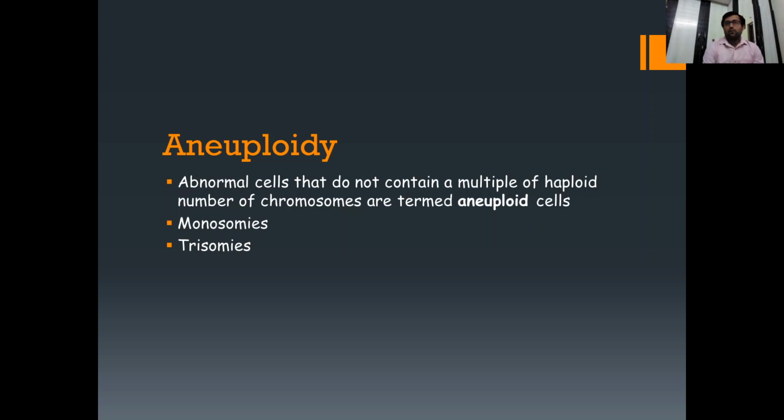So what is aneuploidy? Abnormal cells that do not contain a multiple of the haploid number of chromosomes are termed aneuploid cells.